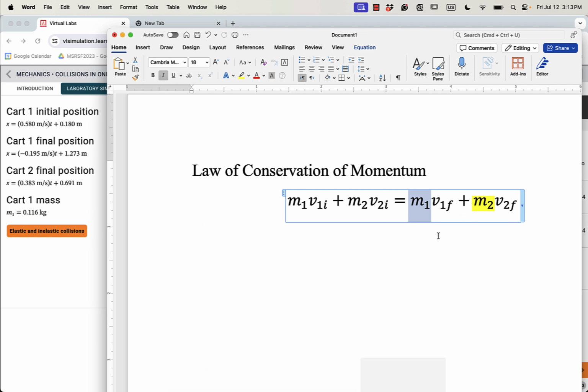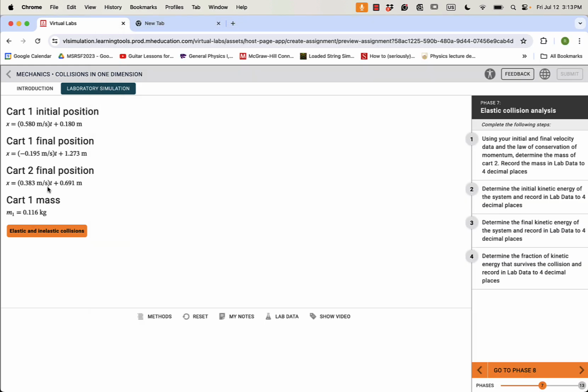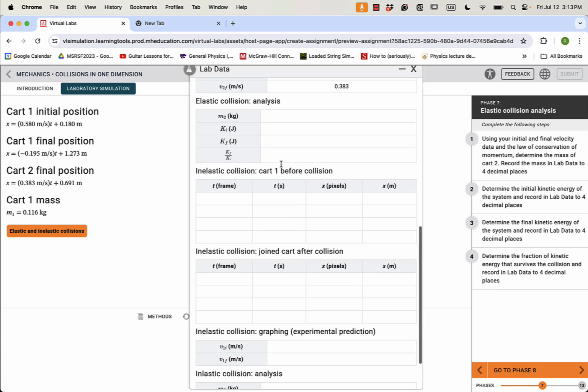Then you will solve this equation to find m2. I'll let you figure that out, and once you have that number, you will enter it here. I'll just put some random number here, not the correct number, since I don't know the exact mass.